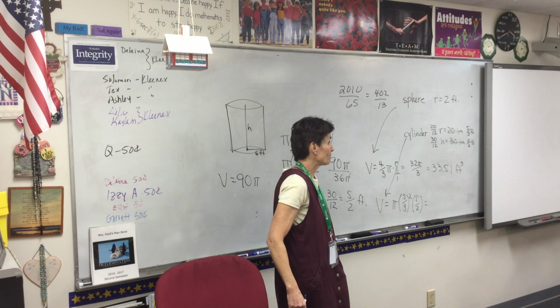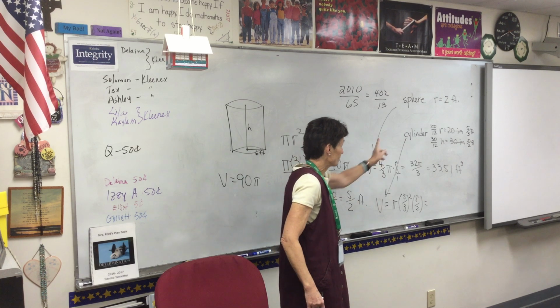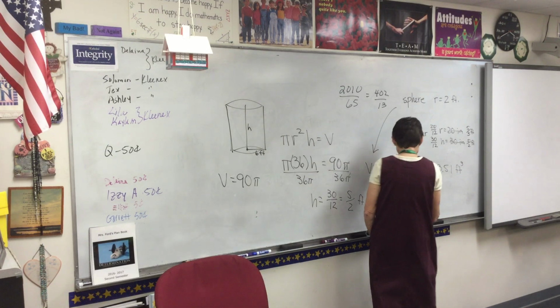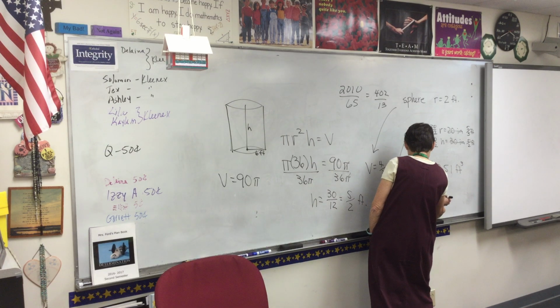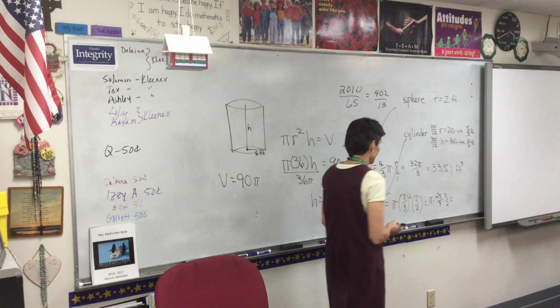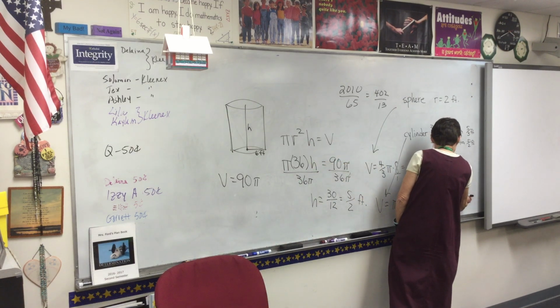Then I'd have to convert cubic inches into cubic feet. I'd rather just use the fractions. Multiplying it all together, it's pi times 25/9 times 5/2. I got 125 over 18 pi.